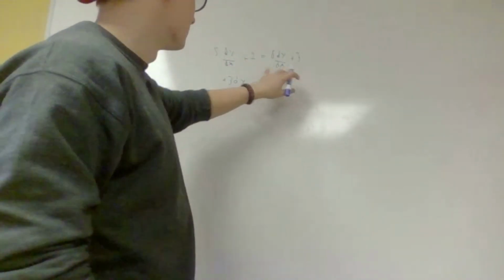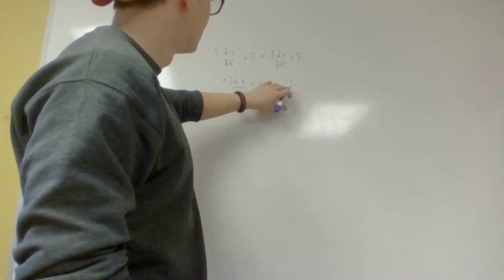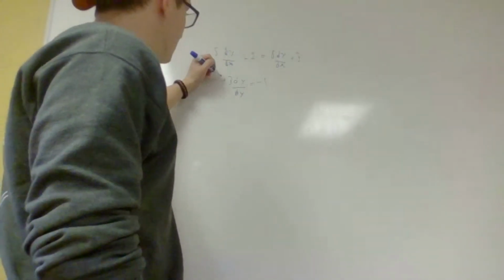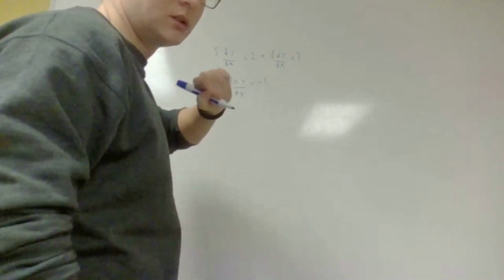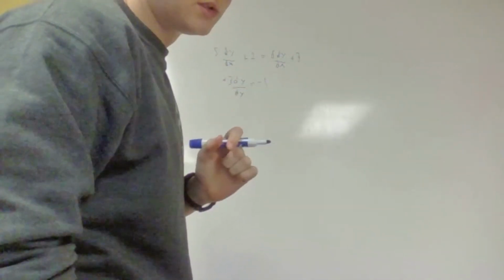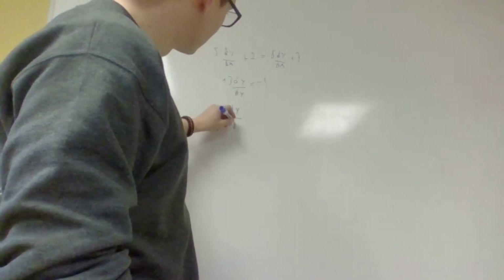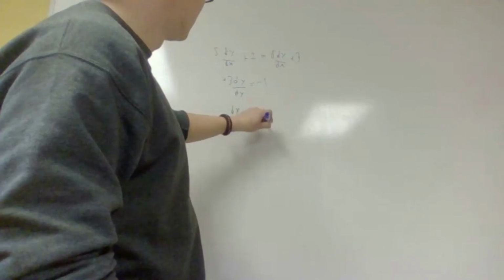Right, boom. Now we get negative 1, and then you divide by 3. So you get dy dx is equal to negative 1/3.